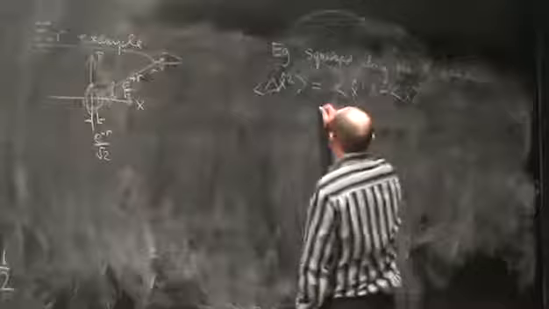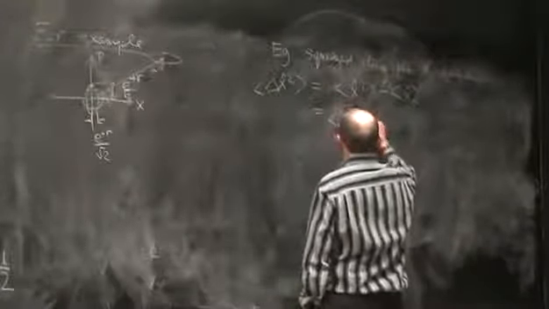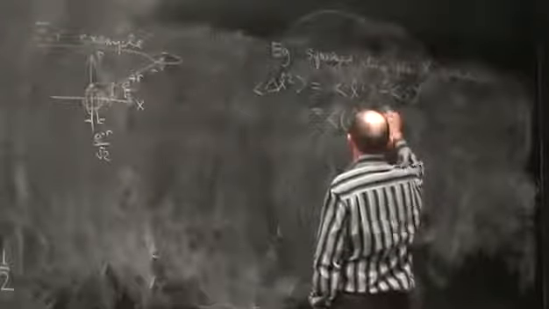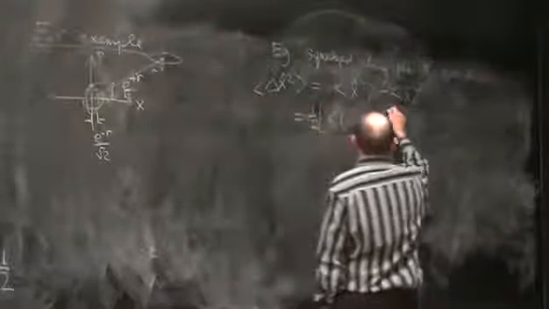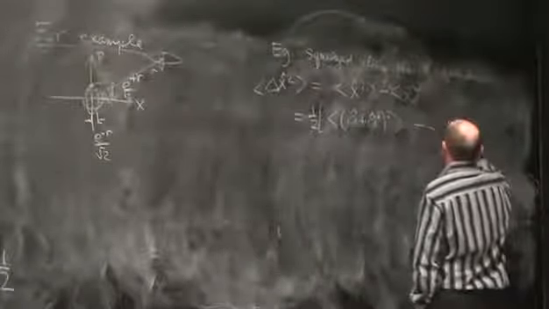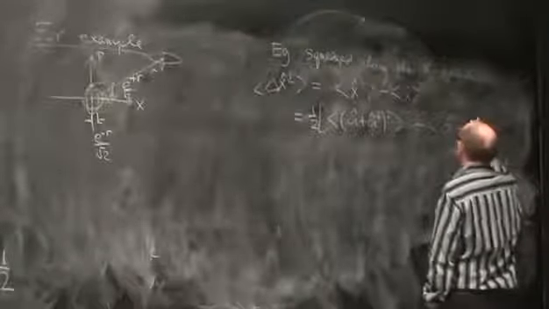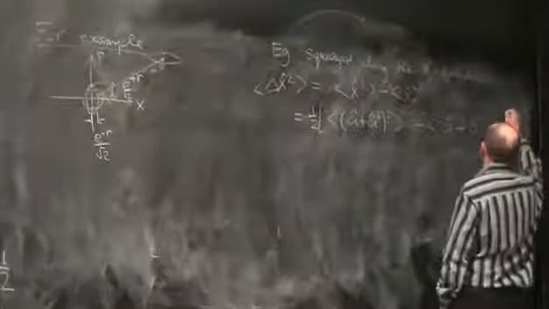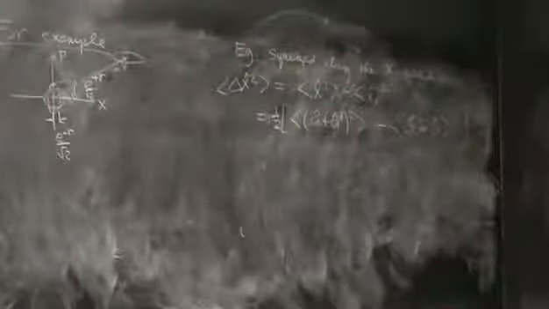And this is equal to the mean of a plus a dagger over root 2, so I'll bring out the half, minus that, squared.